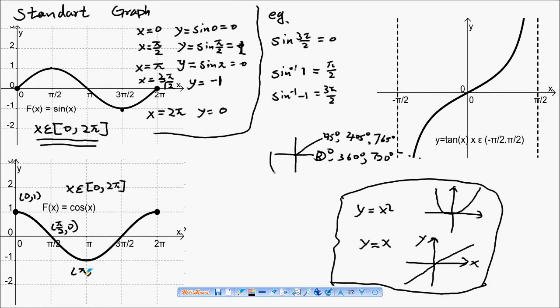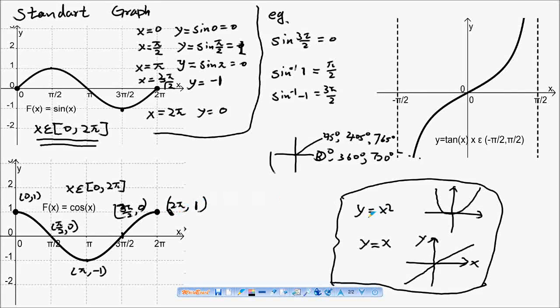When x is pi, we have minus 1. When x is 3 pi on 2, I have the other x-axis, and when x is 2 pi, it becomes 1 again.